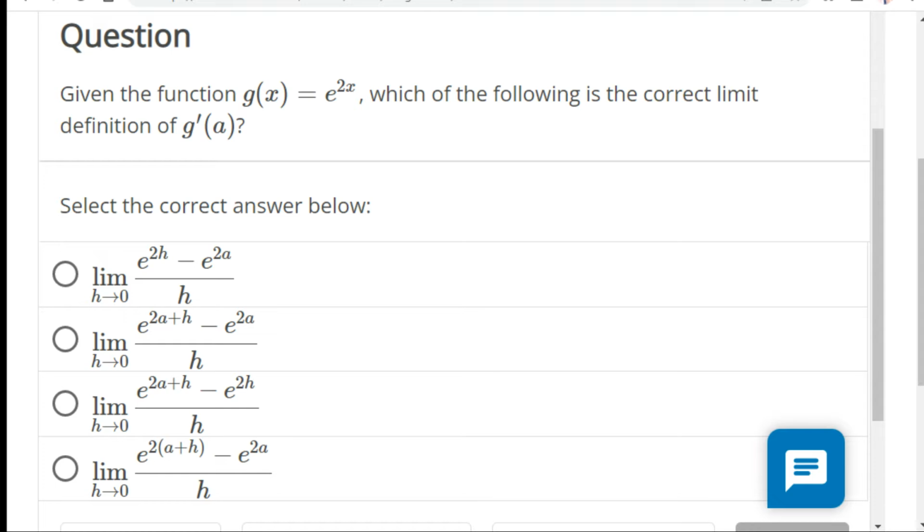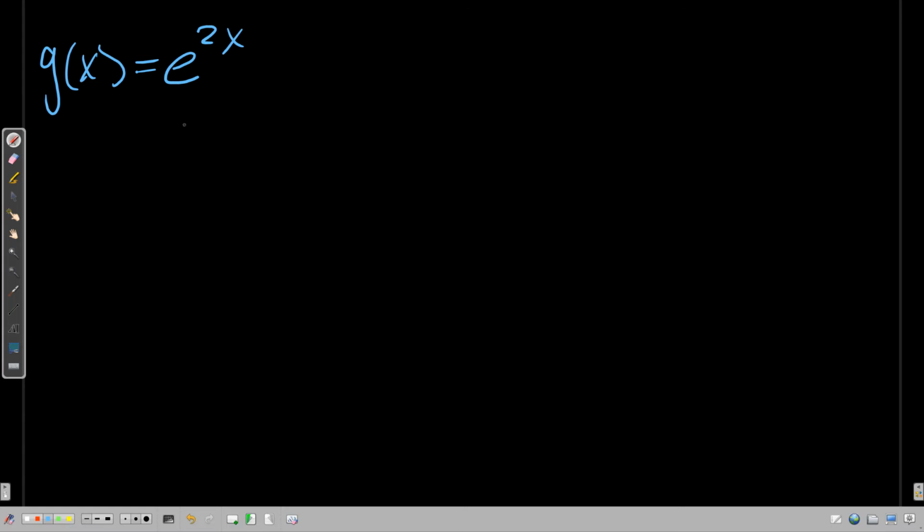Here's the function e to the 2x. We are going to make friends, really good friends, with functions like this very shortly. And they want to know what is the definition of g prime of a. Well, look, it doesn't matter what I'm putting in here.